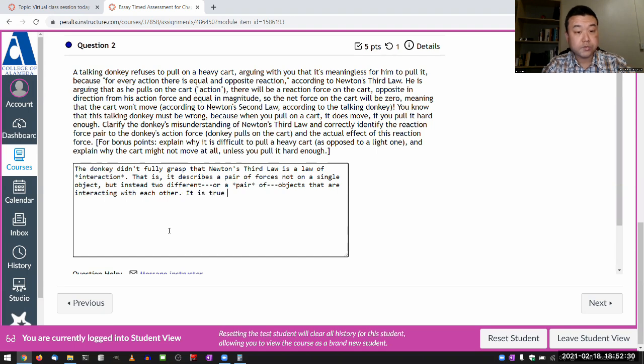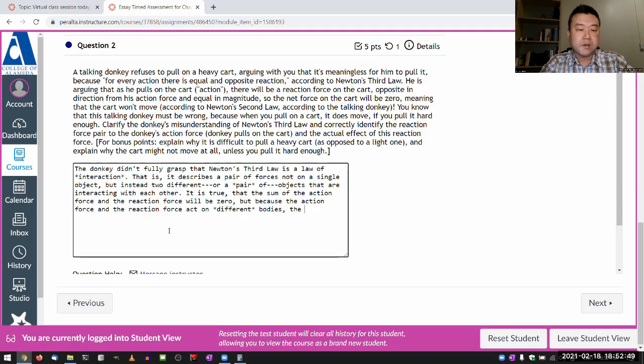It is true that the sum of the action force and the reaction force will be zero. But because the action force and the reaction force act on different bodies, the net force on an object due to a particular action force can be non-zero.